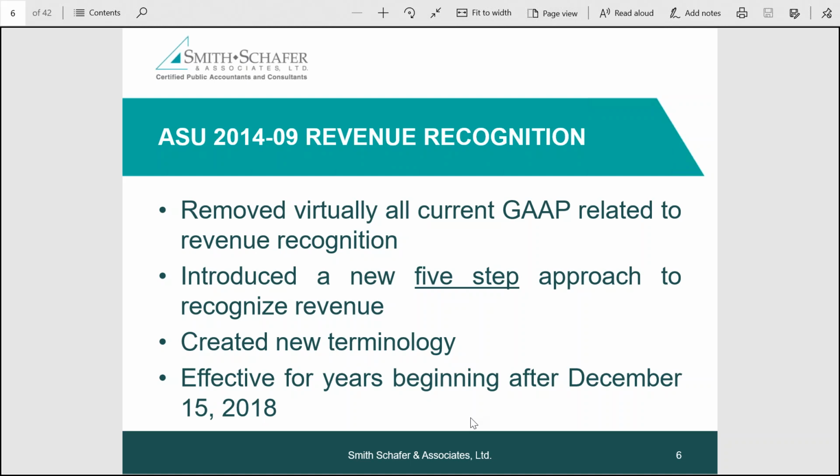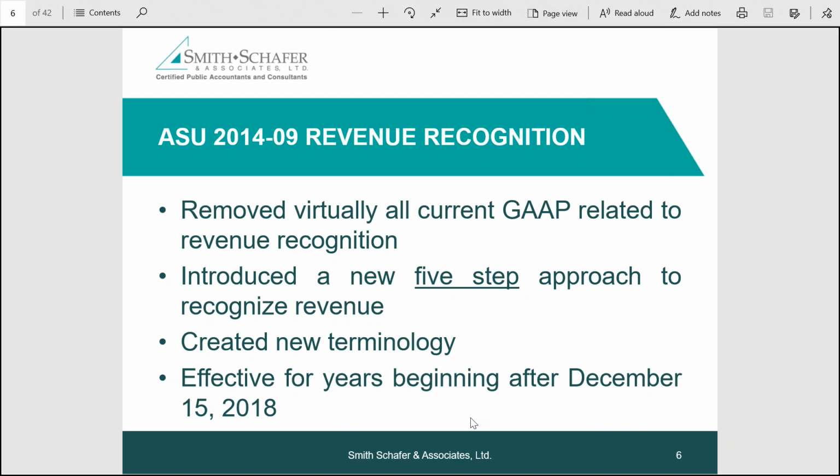It introduced a 5-step approach in recognizing revenue, created some new terminology that we'll be using on our statements, and it is effective for years beginning after December 15th, 2018. So basically your 12/31/19 year ends and thereafter.